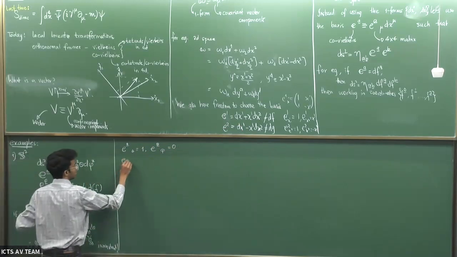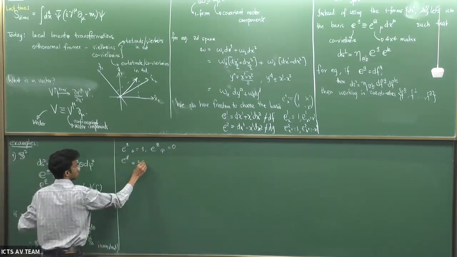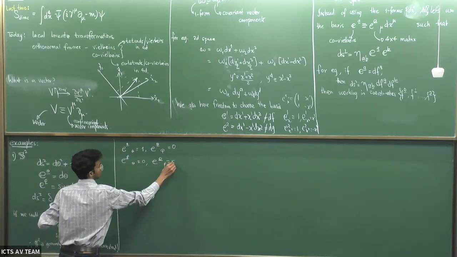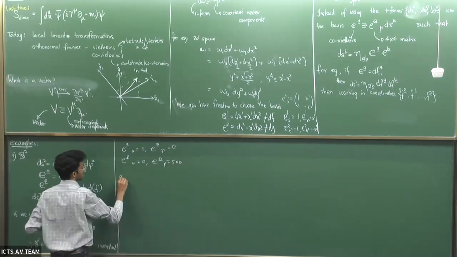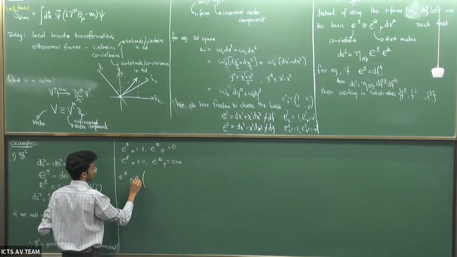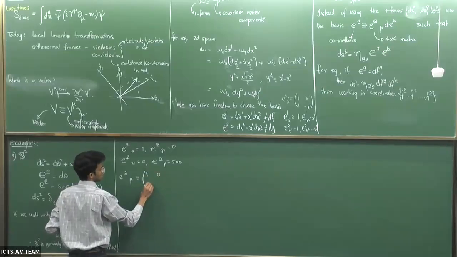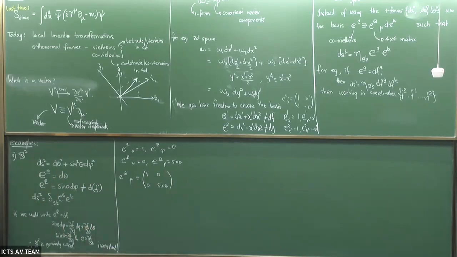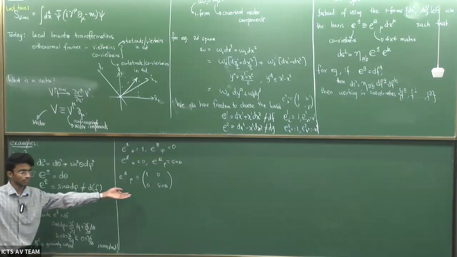E phi theta is 0, E phi phi is sine theta. Therefore, the matrix E A mu looks like 1 0 0 sine theta.